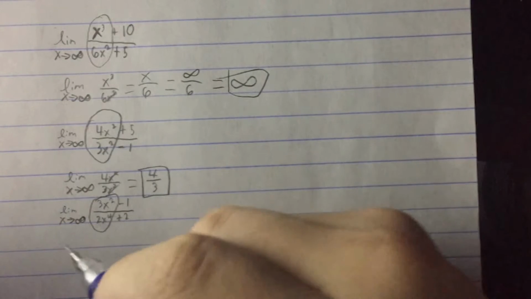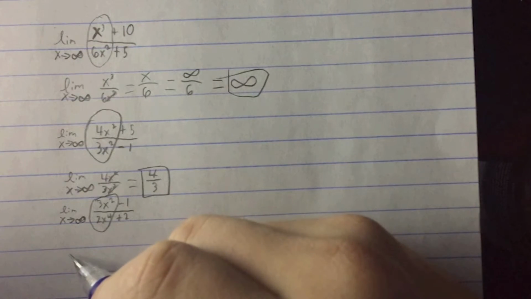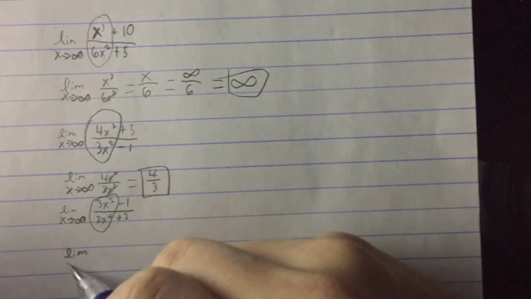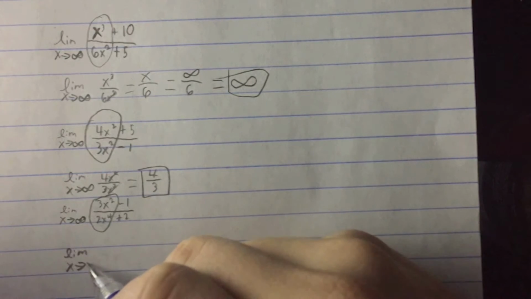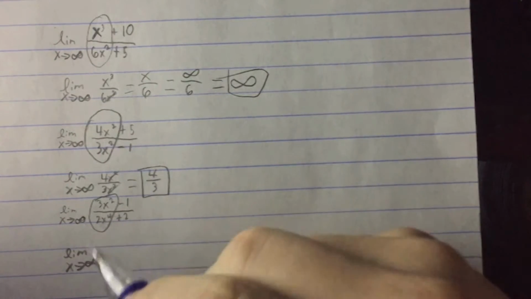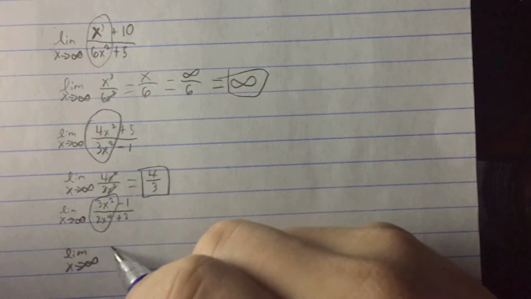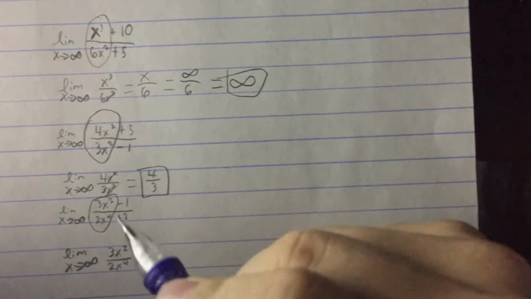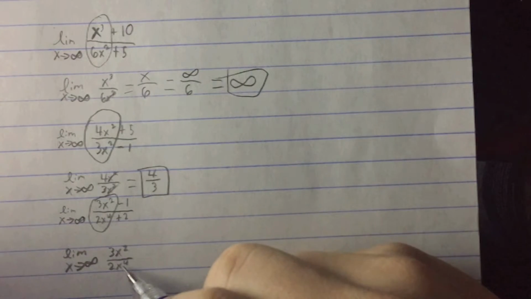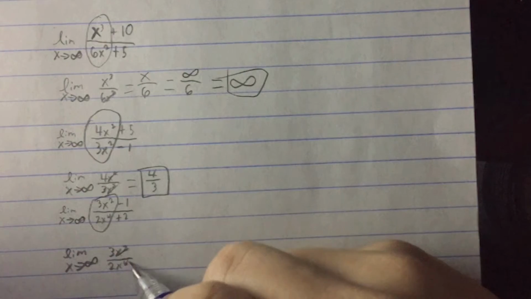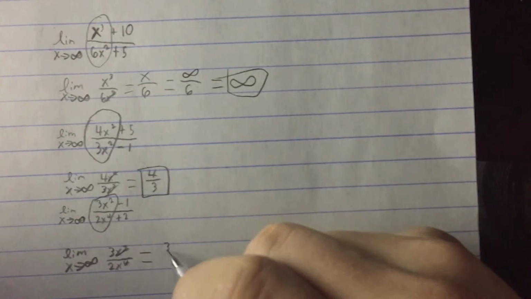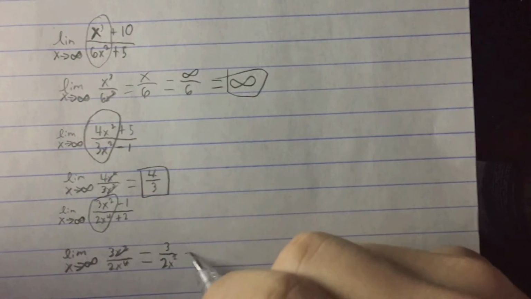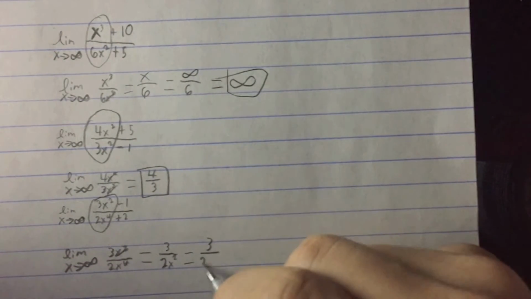You will exclude the leading terms, rewrite the limit as x approaches infinity. Then you cancel out x's. This equals 3 over 2x squared. Then you plug in for infinity.